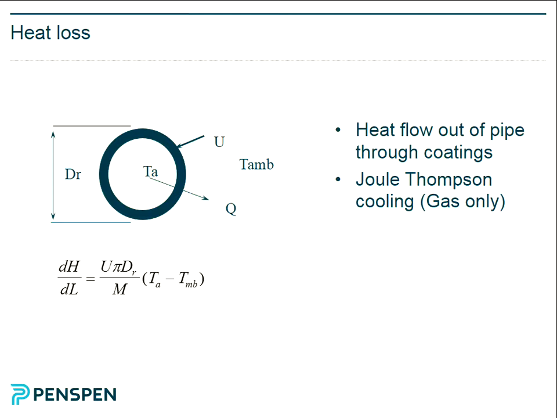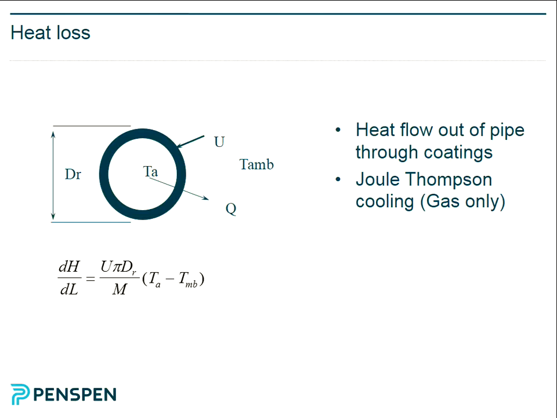So the difference in temperature is driving the loss of heat from the pipe, flowing from the inside to the outside, T to ambient. And the U is a function of the pipe, basically. A property of the pipe is its overall heat transfer coefficient.